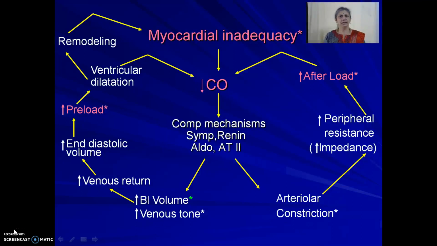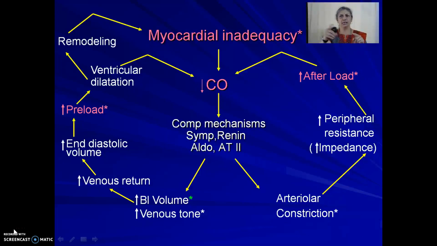What does this renin-angiotensin system do? Renin is a circulating hormone which is secreted from the juxtaglomerular cells in the kidneys, and that will cause ultimately formation of angiotensin 2. There are steps in between. Here we are concerned with formation of angiotensin 2. And this angiotensin 2 is again a very powerful vasoconstrictor.